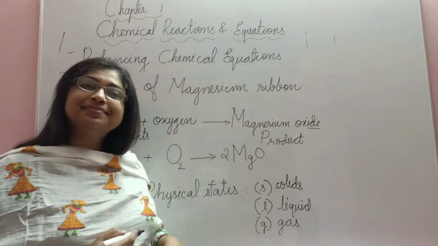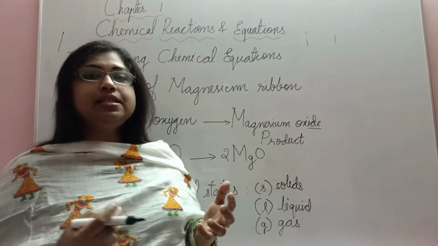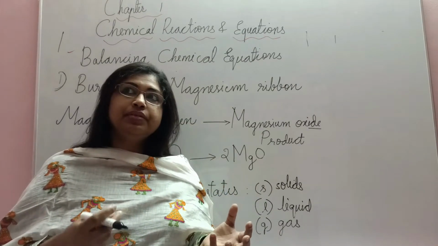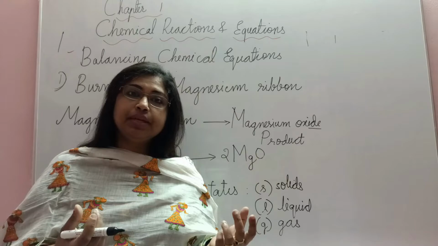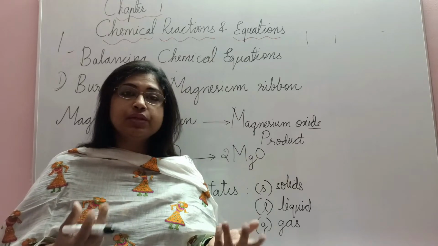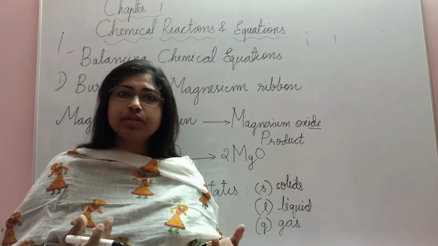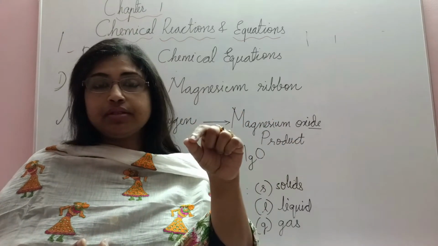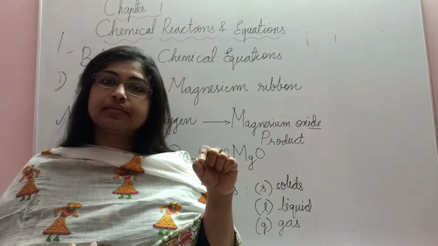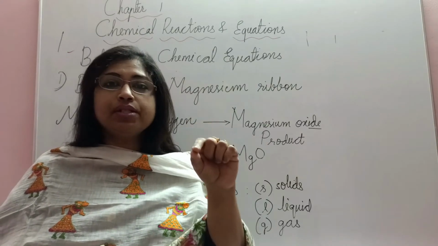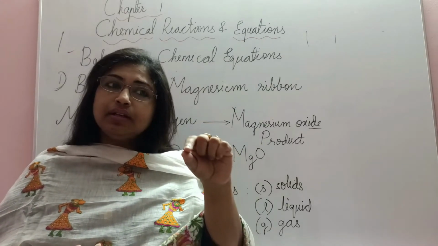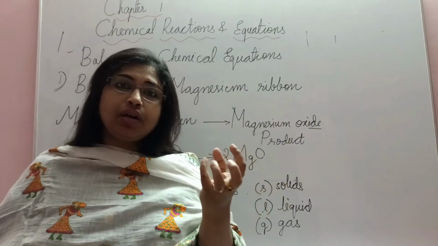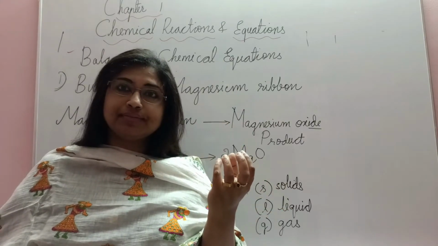Now one more thing. There are certain reactants which are found in the dissolved state. For example, you are taking sodium chloride solution or some salt solution. What we do is we dissolve that salt in water. If you dissolve a salt or acid or a base in water, we call it an aqueous solution.